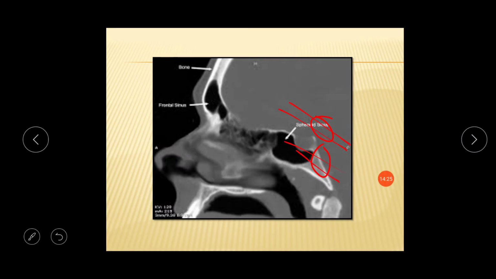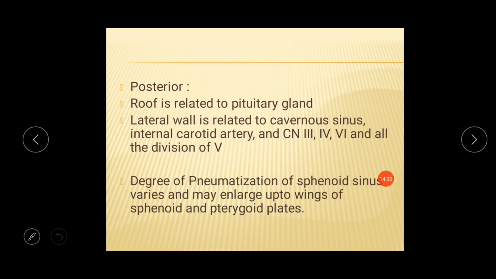The cavernous sinuses contain cranial nerves 3, 6 and all divisions of the 5th cranial nerve. So the cavernous sinus, internal carotid artery and all these cranial nerves are in close relation to the sphenoid sinus.